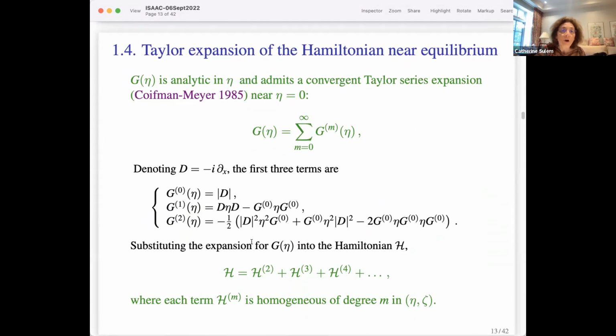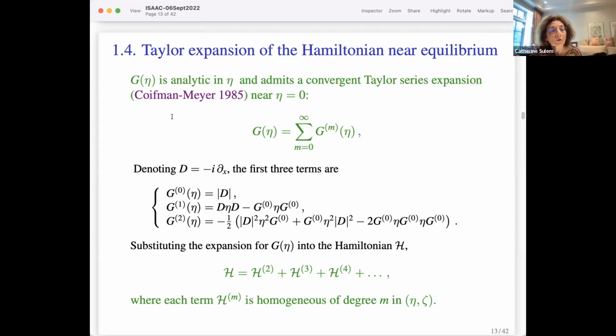At the heart of these Hamiltonian perturbation methods is the fact that the Dirichlet-Neumann operator has a convergent Taylor series near eta equals 0. And it is analytic.